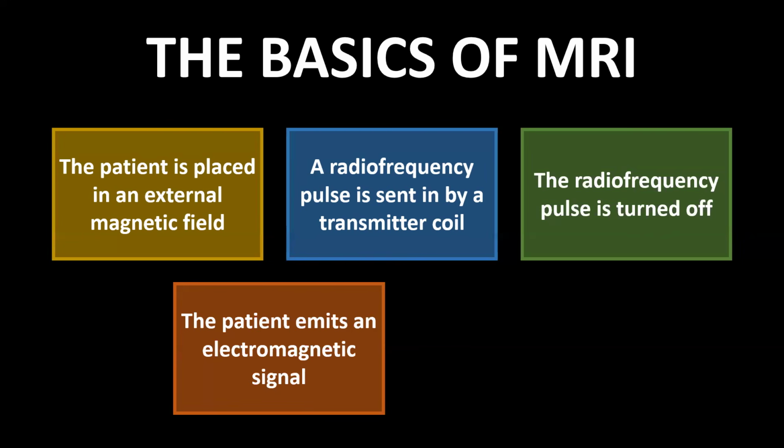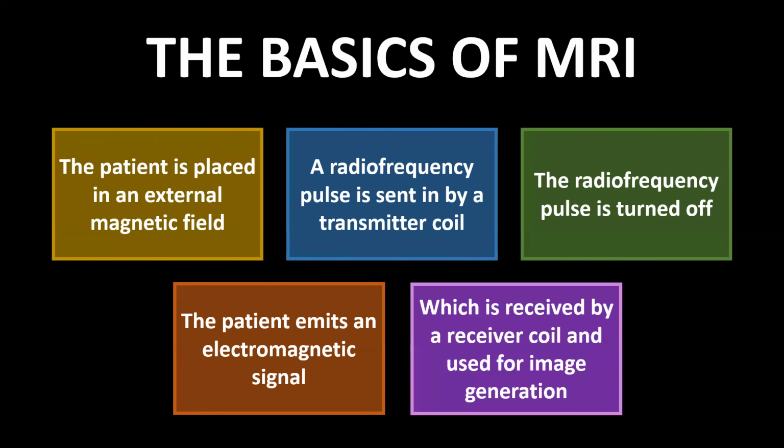In this case, it receives the magnetic signal coming from the patient, and by the laws of electromagnetic induction, it translates that into an electrical signal, and that electrical signal is analyzed by a computer, and the end result is our image, or MRI image. So that's basically what an MRI examination entails, these 5 steps.